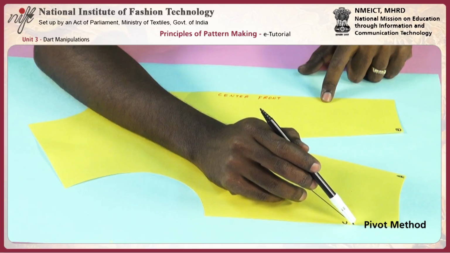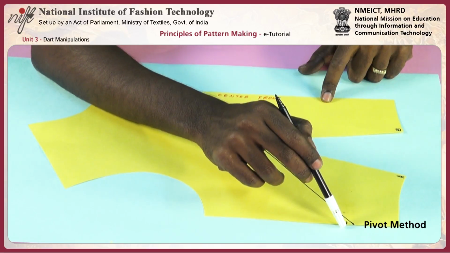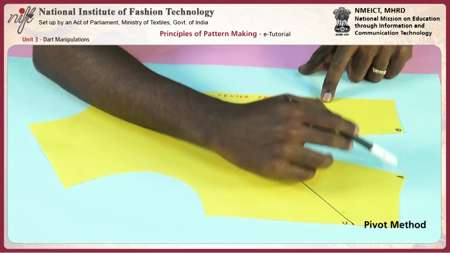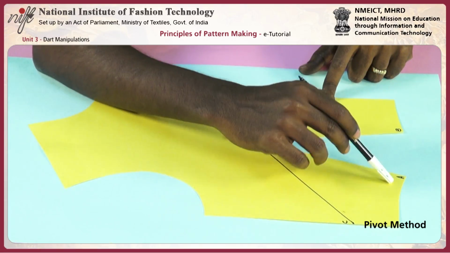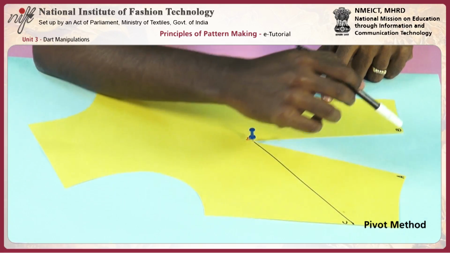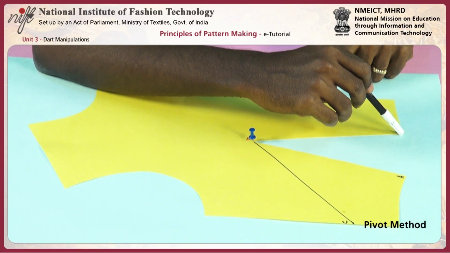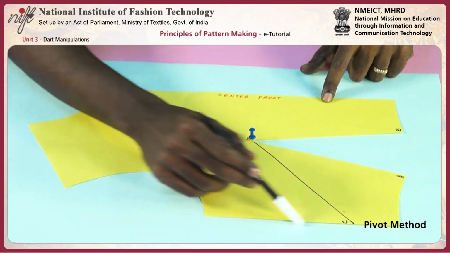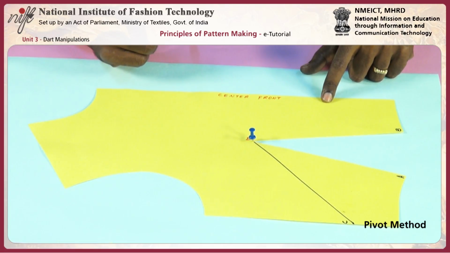Since I want to transfer this dart to here, this portion is going to move. So don't trace this portion. You can start from B and trace the pattern till C in anti-clockwise.